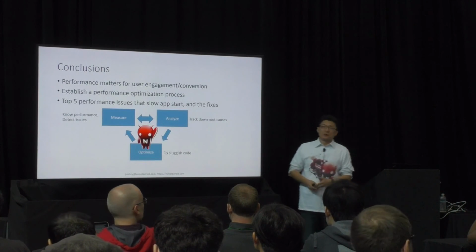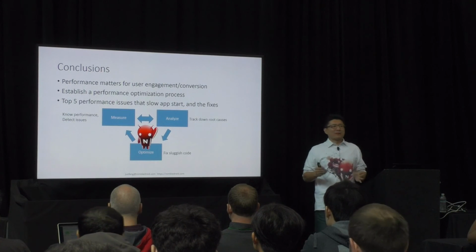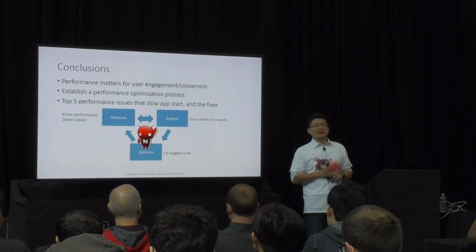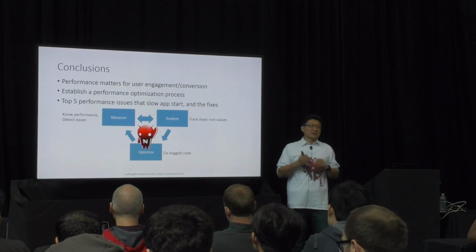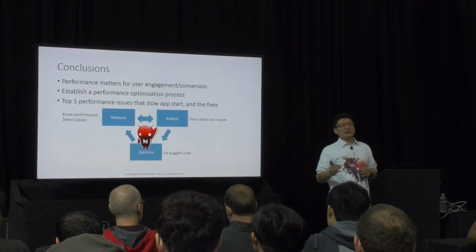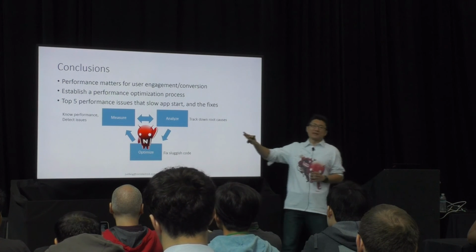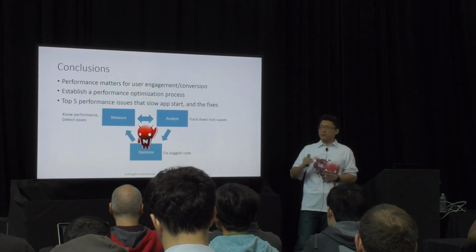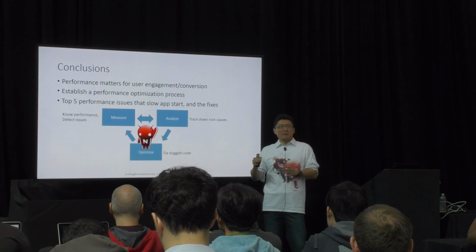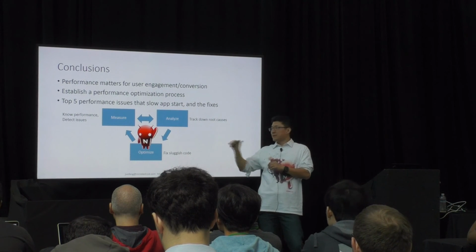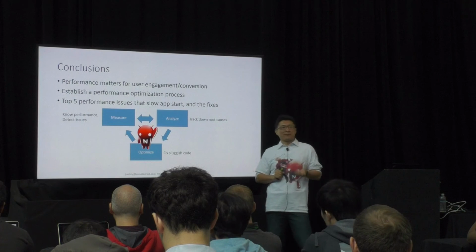Okay, so to conclude, we know that performance matters a lot for user conversion and user engagement. We also know that to make sure our app is performant, we want to establish a performance optimization process. We want to continuously measure our app's performance to avoid regressions. Whenever we see regressions, we want to spend the time to track down the issues, fix them, and then measure again to make sure our fixes work.